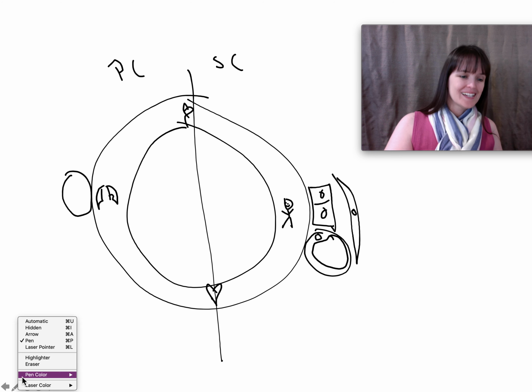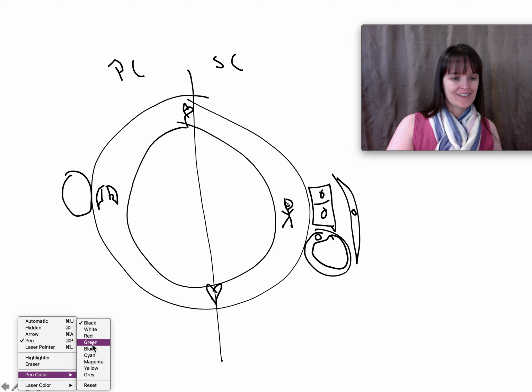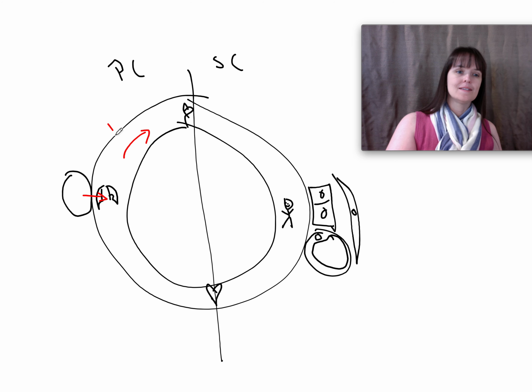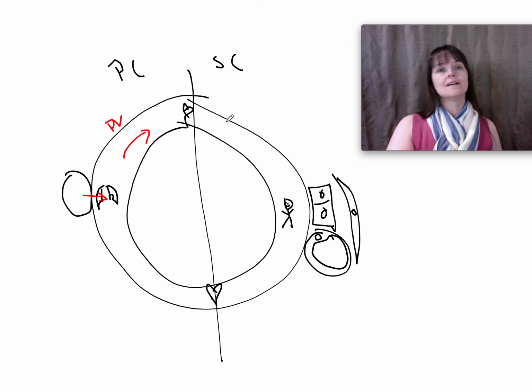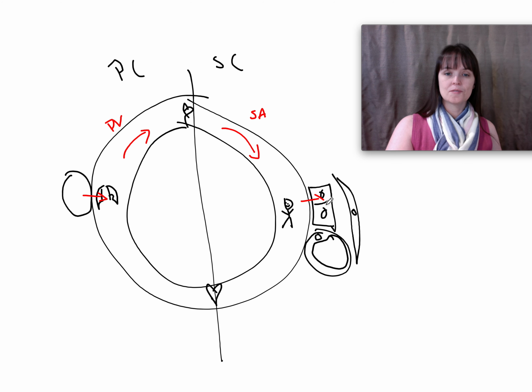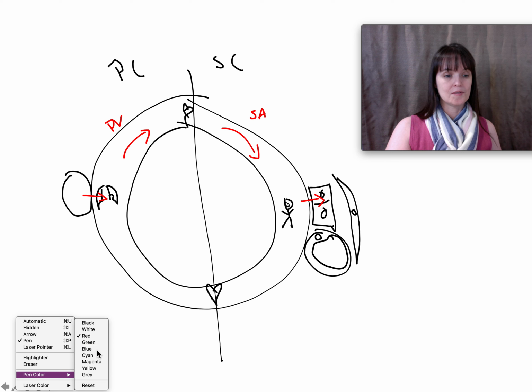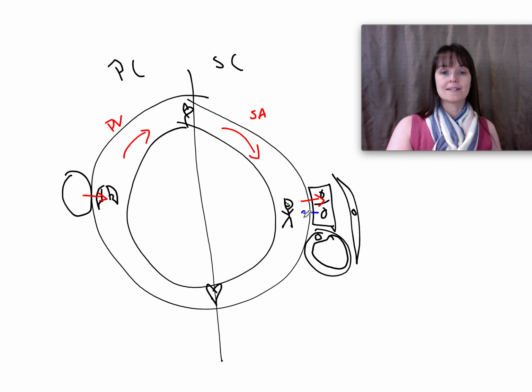So let's start with our oxygen. At the lungs, oxygen enters the bloodstream and the pulmonary veins are oxygenated. And these are the systemic arteries. They are also oxygenated. And at the tissues, we will drop off the oxygen and pick up, switching to blue, carbon dioxide.